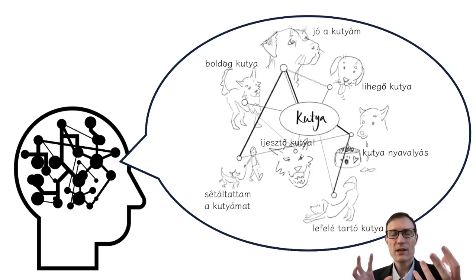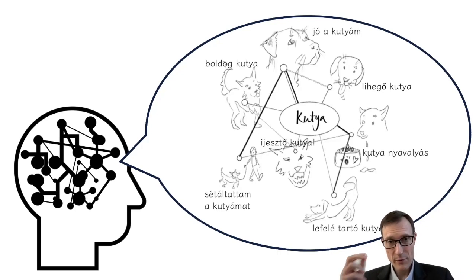And all of these things become a network that is connected to the word kutya. And so it's become something that is very, very useful to us when we want to remember the word. It's there because it's connected with so many different parts.